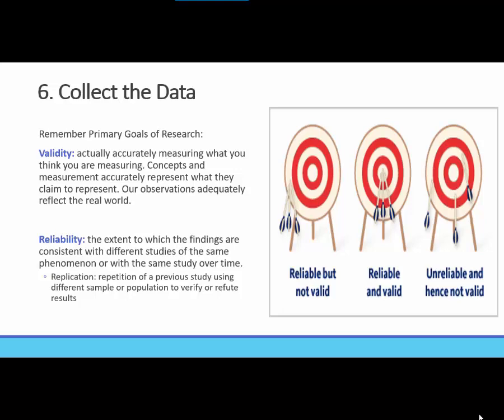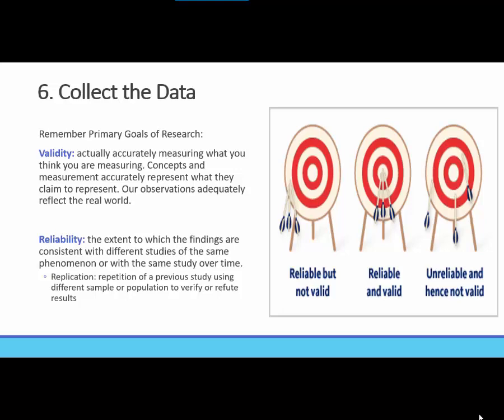Validity is when you actually accurately measure what you think you're measuring. Your observations adequately reflect the real world. They get at the capital T truth. And reliability is the extent to which the findings are consistent with different studies of the same phenomena, or if you repeat your study over time. Because if you are getting at the capital T truth, then ideally it should be reliable.